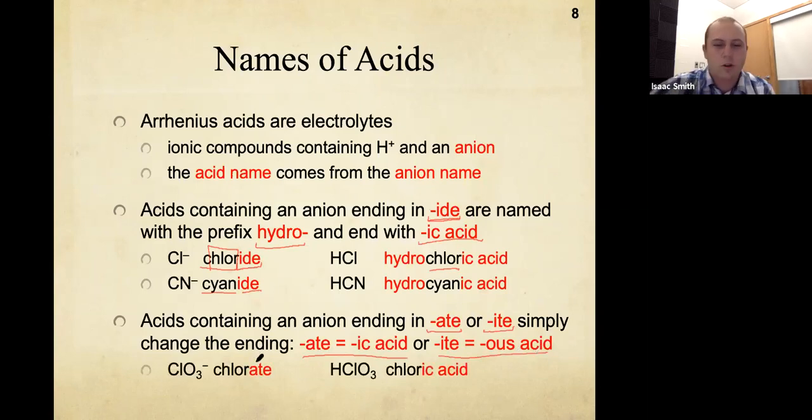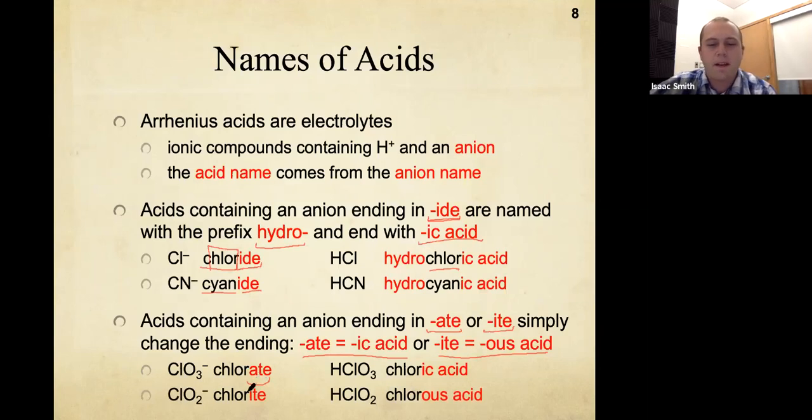For example, chlorate is an ATE ending, so we swap the ATE with ic acid, and instead of chlorate, it becomes chloric acid. And then chlorite: the ITE is replaced with us, and we get chlorous acid. Chlorous acid is how you'd actually say it; I was just accentuating that.